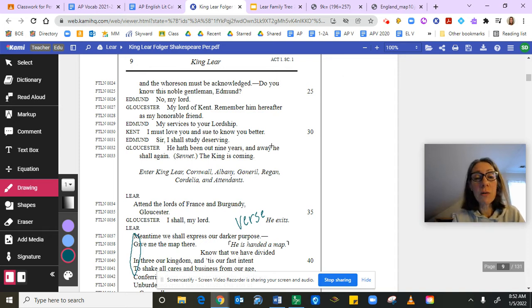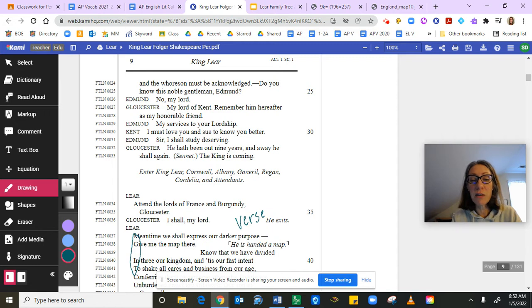And he calls him a whoreson, which sounds really bad because it sounds like he's saying his mother's a whore, but it was a kind of casual slur, insult, could be used affectionately, could be used seriously. And then Edmund's got to be standing close enough that he can just turn and speak to him.